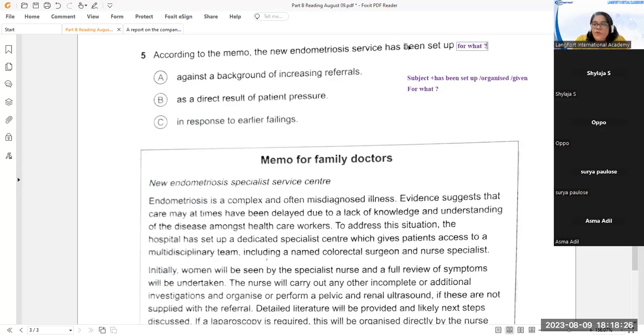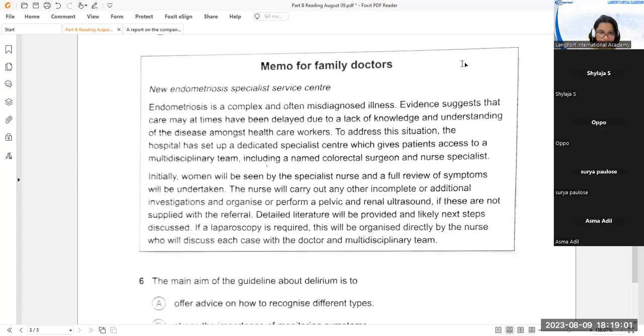Anything has been provided, any verb, organized, given, has been provided, they have left it like that. You can say for what. Instead of has been, if they have used was provided, was set up, or was organized, any V3 verb for that matter, you can use the question phrase for what. For what has it been set up? So the new endometriosis service has been set up for what?